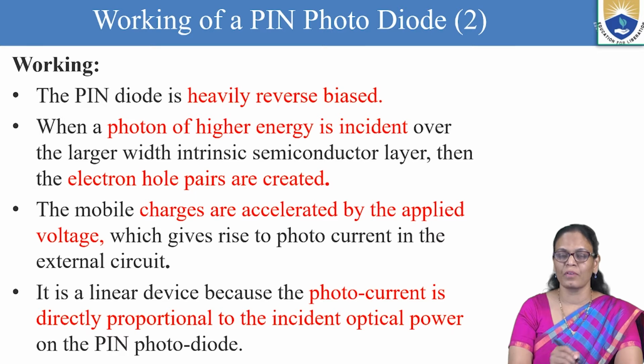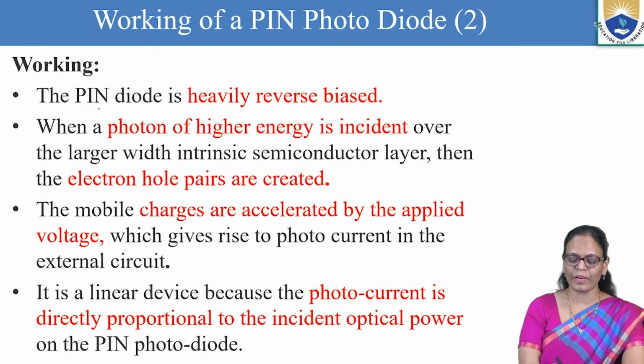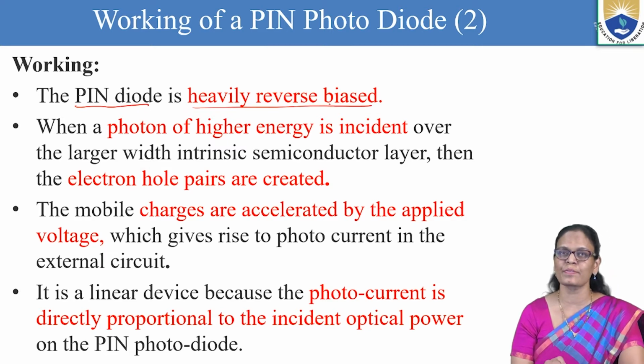Now we'll see the working. In the working, what we see here is we have taken the PIN diode and connected it in reverse bias. Now a photon of high energy is incident over the larger width of the intrinsic semiconductor layer.